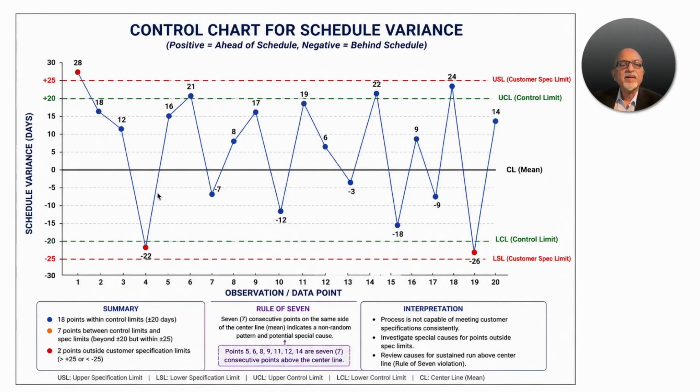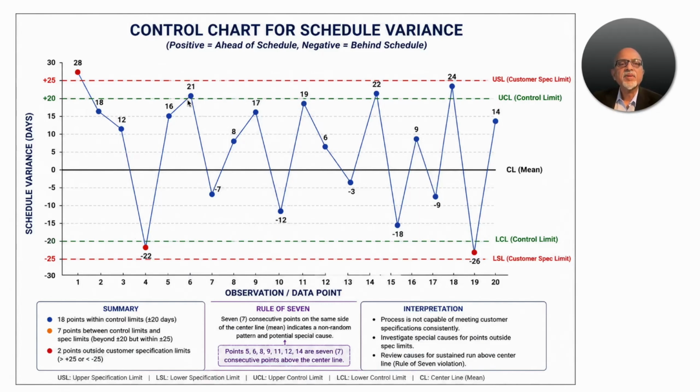Now, one occurrence is happening here, and that is no problem because it is falling within the upper control limit and the lower control limit. Data point 12 also has no issues because it is falling within the upper control limit and the lower control limit.